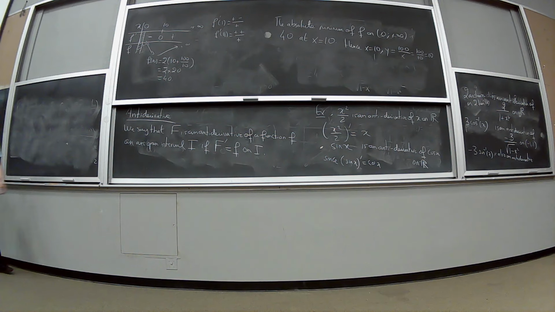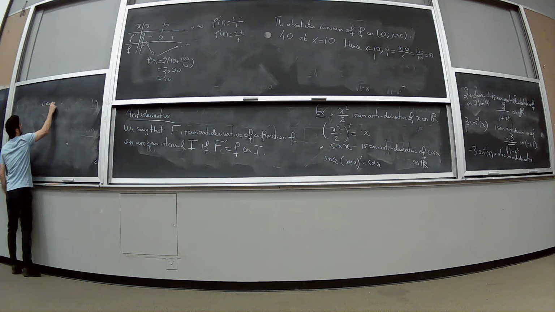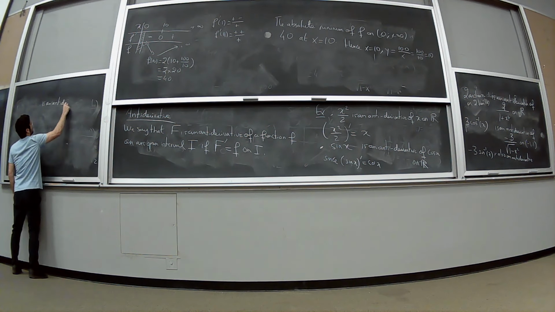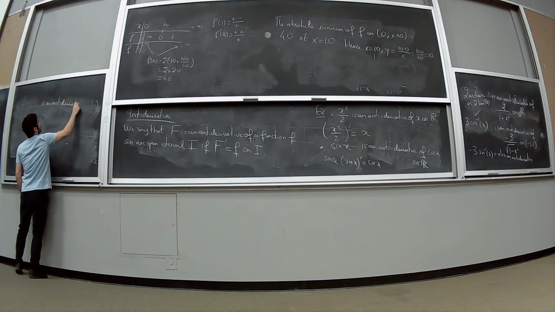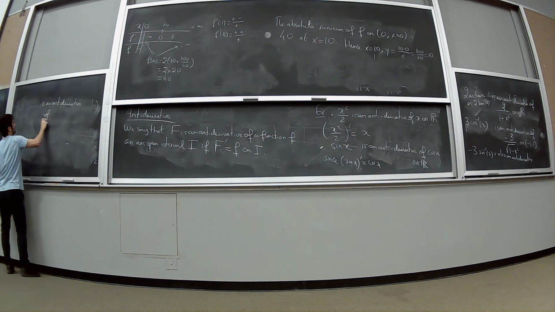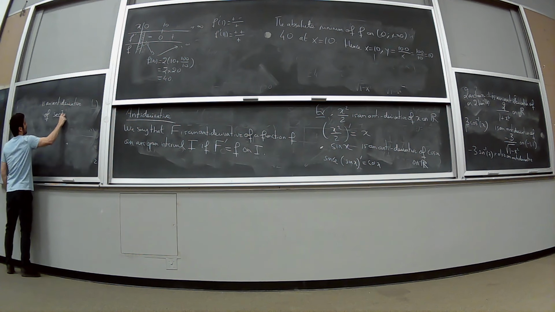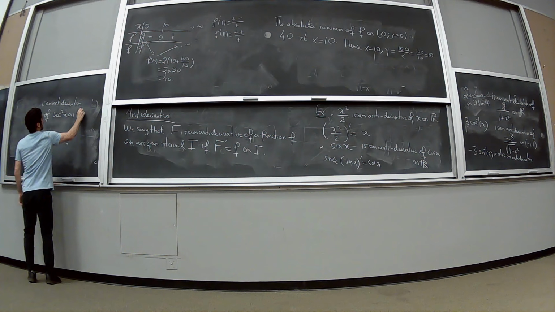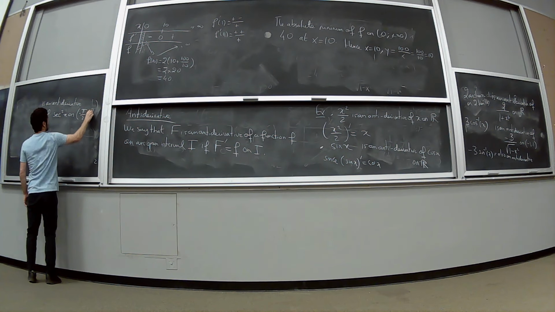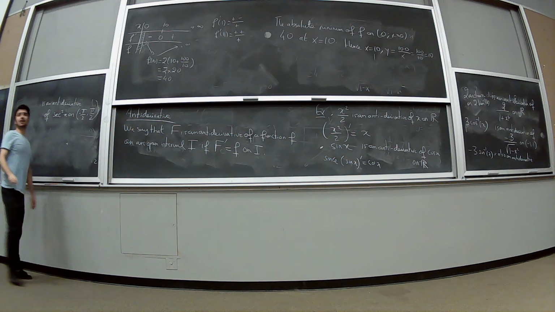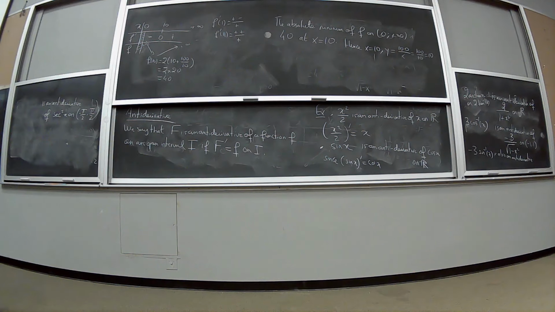Okay, great. Now, I want an antiderivative of secant squared on minus pi by 2, pi by 2.